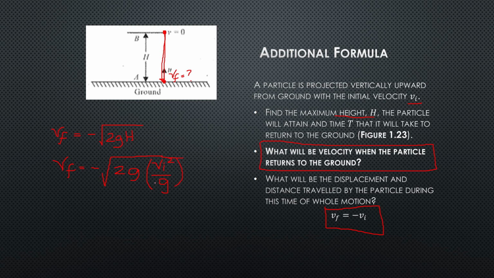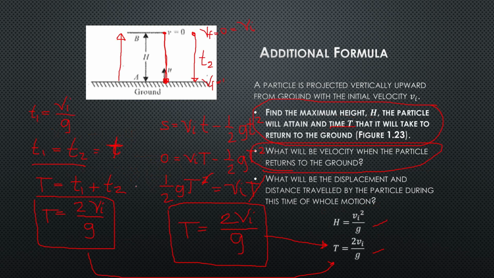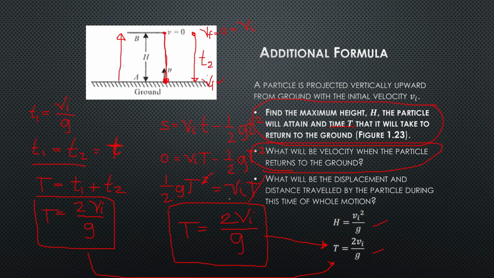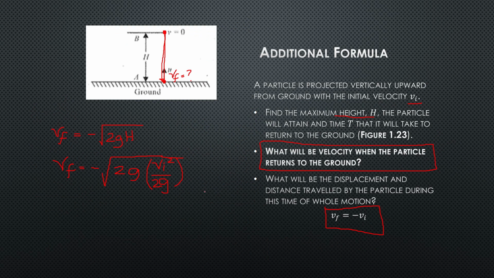Now simplifying 2g, let's go back. There it is, 2g. Now simplifying, this will be eliminated, and therefore the final velocity will be equal to negative square root of initial velocity squared. So therefore final velocity is equivalent to negative of initial velocity.